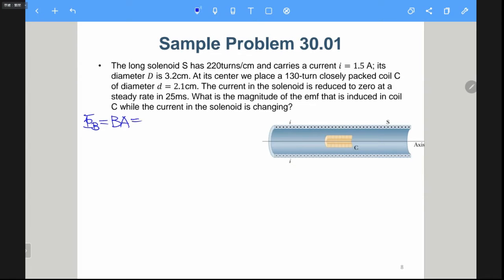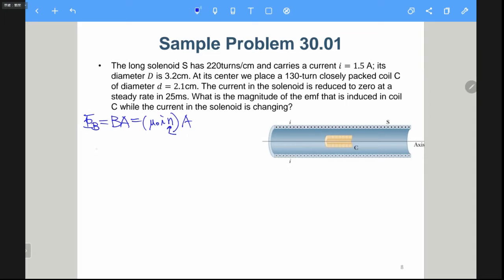And in chapter 29, if you still remember, the magnetic field generated by the solenoid is mu naught I times small n. n is the number of turns per unit length.